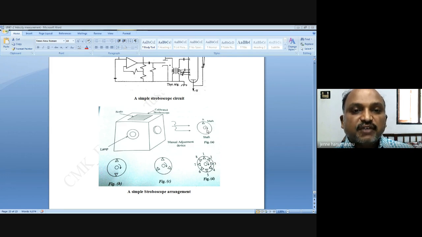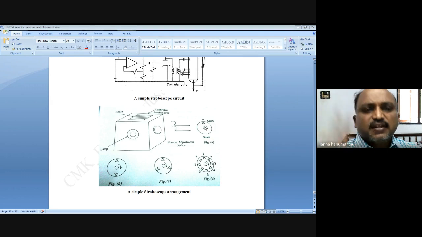You can observe it, but it is not actually slowly varying. It is moving, no doubt. But when you are adjusting the frequency, the marking looks slowly varying, but at one point the marking looks stationary.